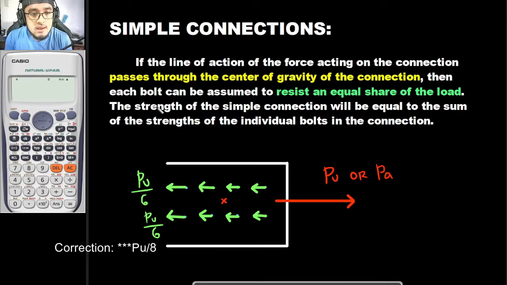And as you can see in this last line, the strength of the simple connection will be equal to the sum of the strengths of the individual bolts in the connection. So meaning PU over 6 times the number of bolts, which is 6. So PU over 6 times 6. So yung strength daw nito is to be equal to PU or PA, whichever the case may be.